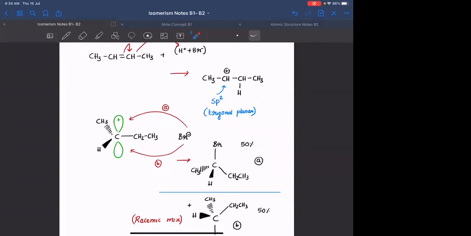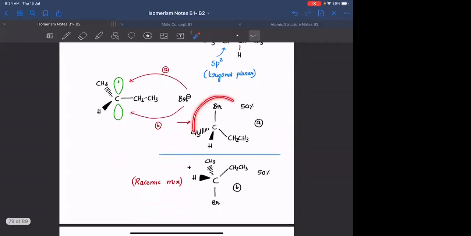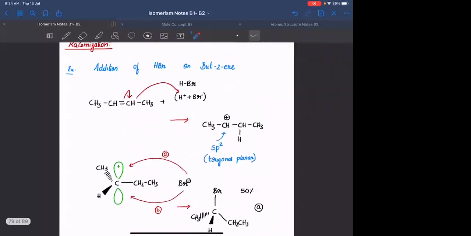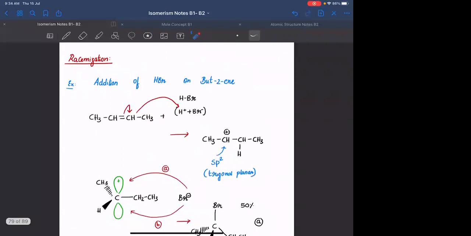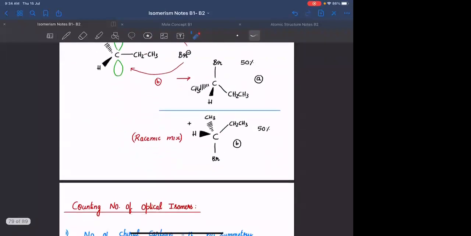Okay. Is that clear? There will be formation of two different types of compounds which are mirror images of each other, and the formation of them will be in equimolar mixture. Okay. Is that clear? Okay.